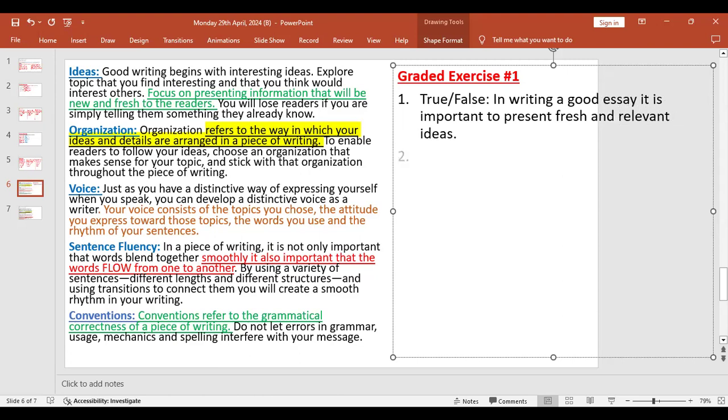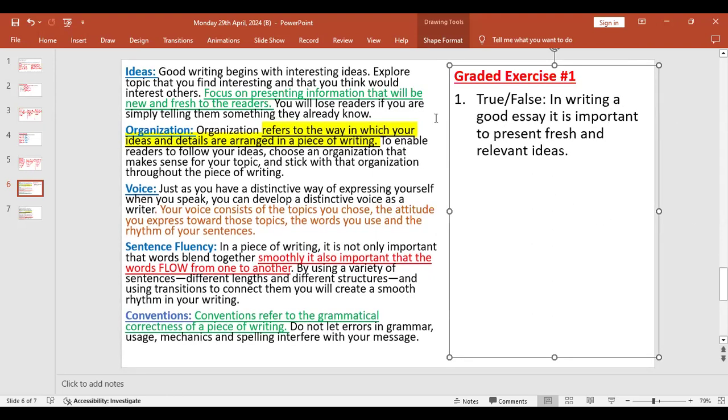Number 2. What does the term organization refer to?